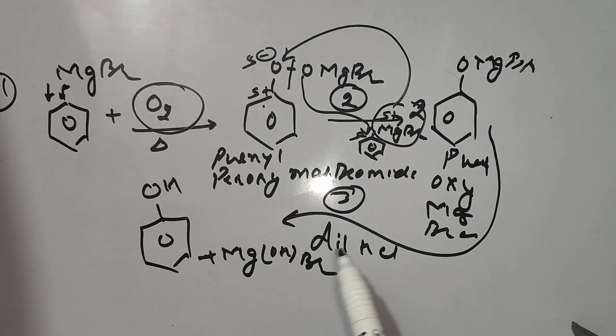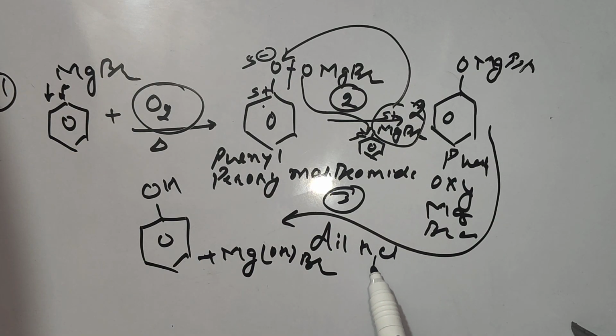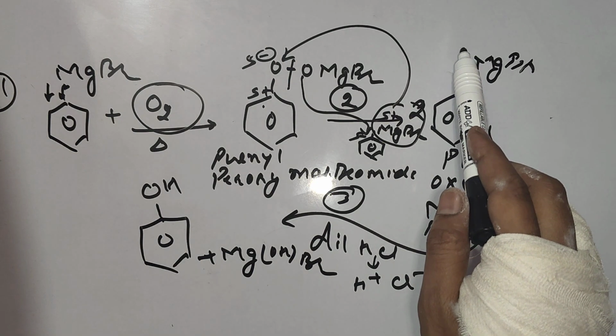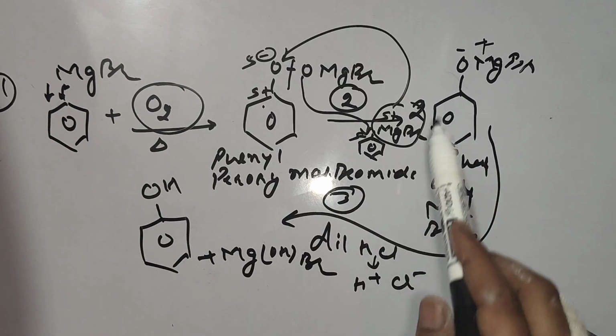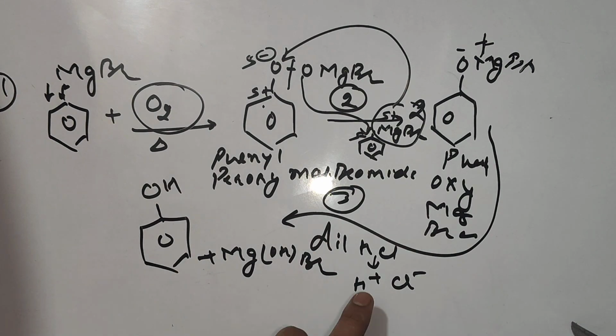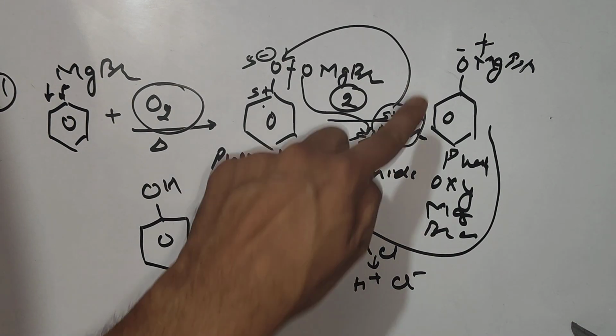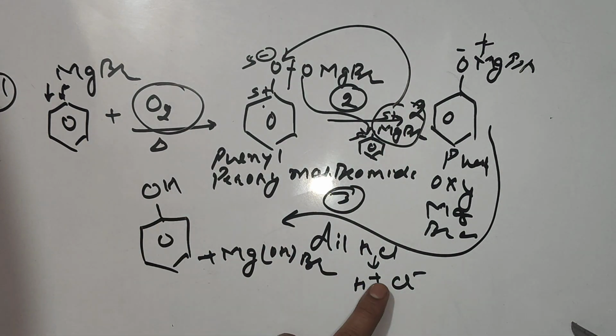And on dilute HCl reaction, as you know, HCl will give you H positive and Cl negative, and here oxygen is carrying negative. Between oxygen and magnesium, ionic bond is there, it is positive. Oxygen is negative, magnesium is positive. Okay, wait. Hydrolysis, dilute HCl, hydrolysis will happen.